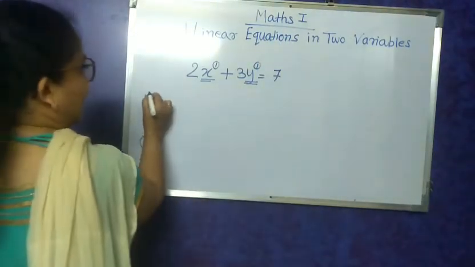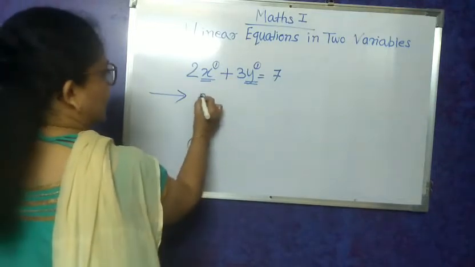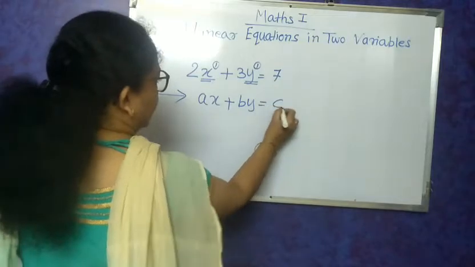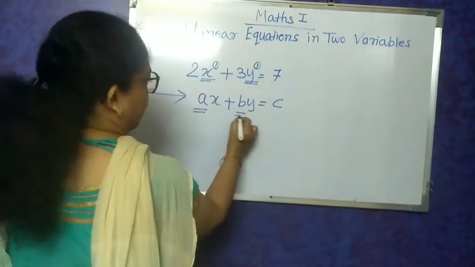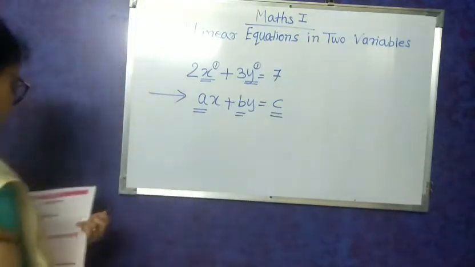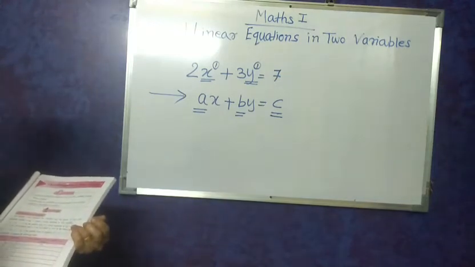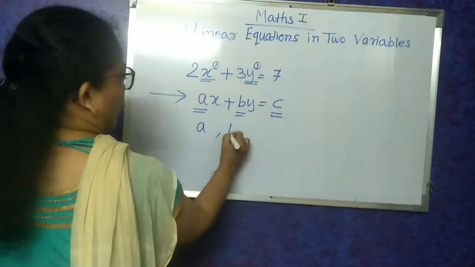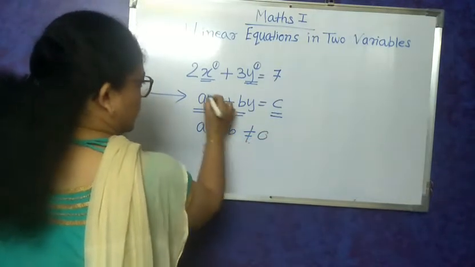So what is the standard form of a linear equation? That is ax plus by is equal to c. And a, b, c, all three are real numbers, and a or b is not equal to 0.